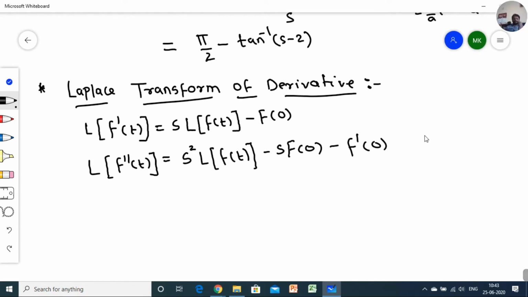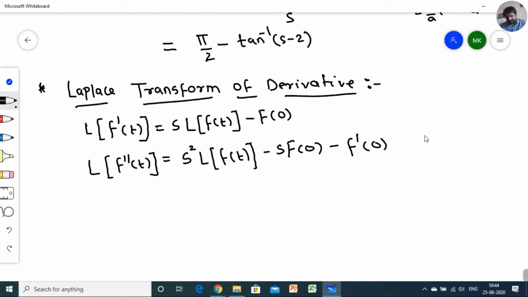Sometimes, very rarely, Laplace transform of derivative questions will come in the examination. Very rare, मतलब बहुत ही हार्डली कभी पूछ लिया तो पूछ लिया, ऐसा क्वेश्चंस होता है. Most of the time, after this part which I have to teach, that is Laplace transform of integral, that part is very important. वो पार्ट मैक्सिमम टाइम एग्जामिनेशन में पूछा जाता है.